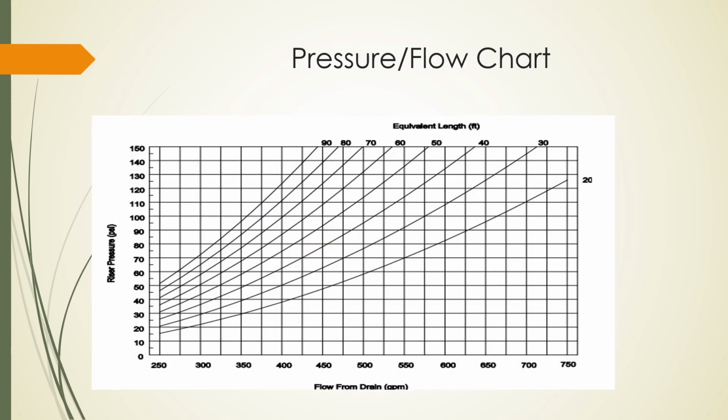And here is that graph. So on the left side is the pressure. On the x-axis is the flow. And those series of curves are the equivalent length that we've determined from the 2-inch drain setup. And we'll do an example so that we can understand exactly how we use this chart.